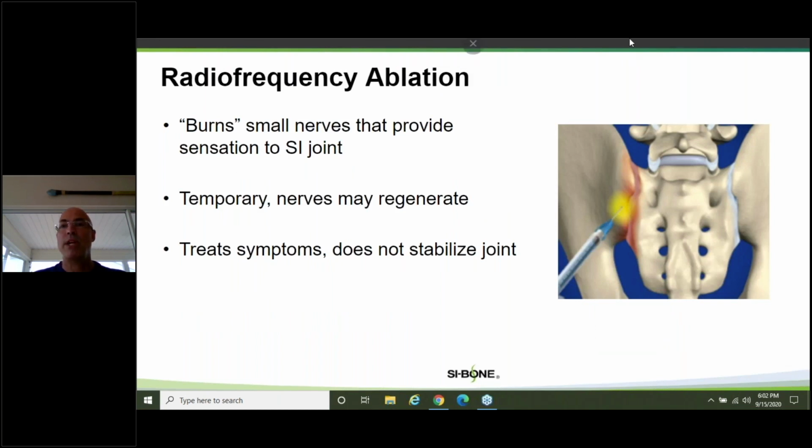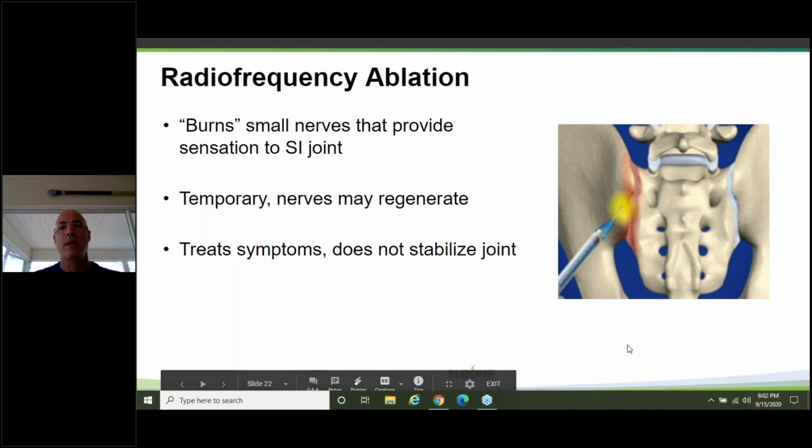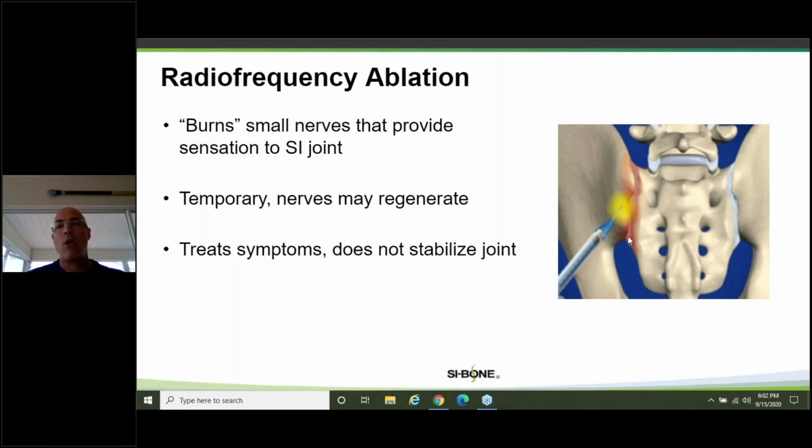Here's a depiction of the radiofrequency ablation. They look like needles, but you can heat the needles or cool the needles near the nerves that give sensation to the SI joint. The problem with that is that the innervation, or how this joint feels pain, if you will, is very complex.